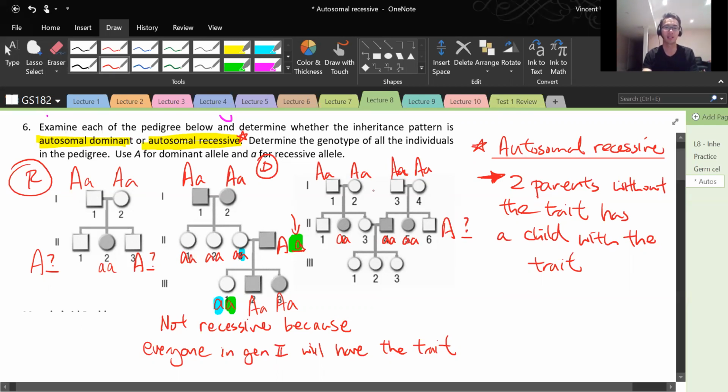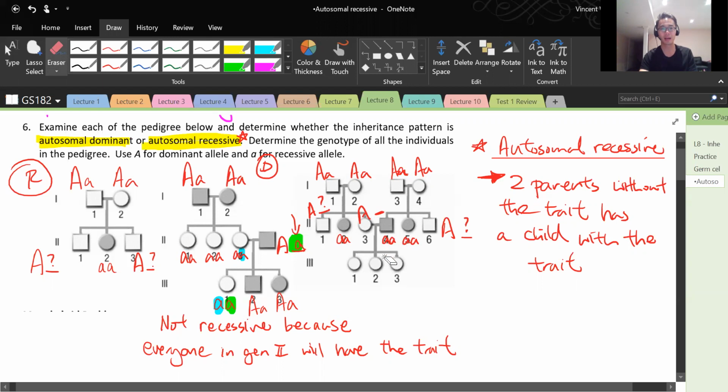Over here, same as this guy. No idea, no clue. We'll just give him a big A. Over here, this daughter, this woman, big A something. She has a bunch of kids, so we should be able to figure it out. Her husband is small a, small a.